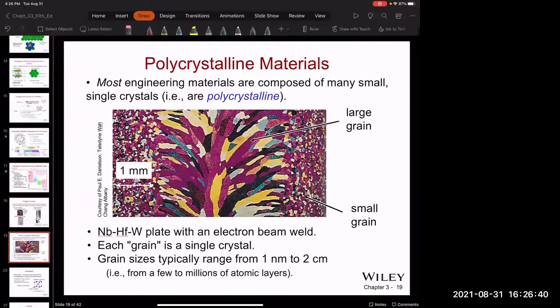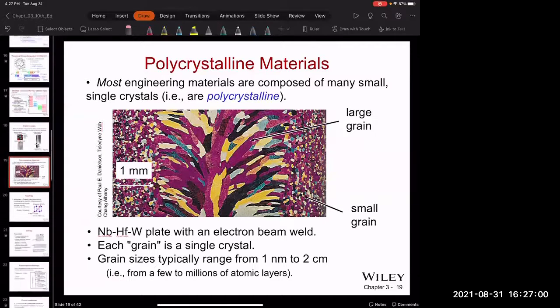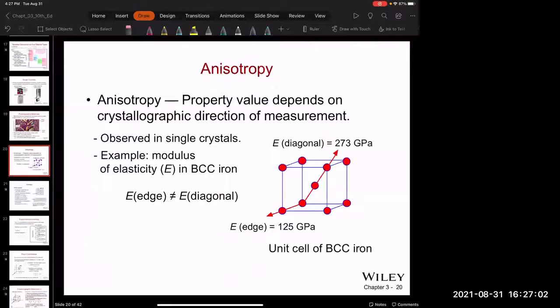Most of the time, you're going to see a polycrystalline material. The grain sizes keep changing, and their arrangements and orientations are different, and most of the time they're purely random. That's the most common thing that you're going to see in reality. Why do we talk about this?